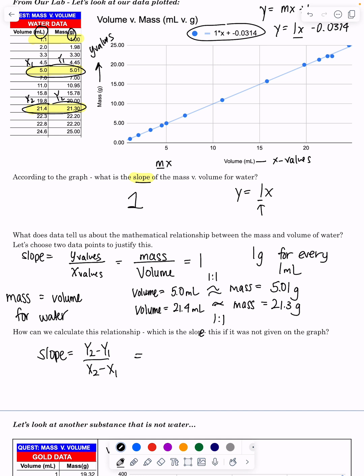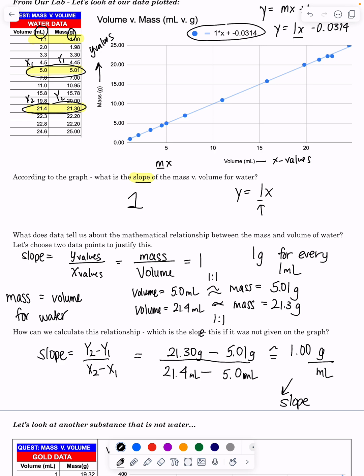So y2 is 21.3 minus y1, which is about 5.1, and these are both grams. X2 would be 21.4 minus x1, about 5, and that's milliliters. You'll never believe it, but when we do this math, we get about 1 gram per milliliter. That's our slope. So don't forget how to calculate slope.